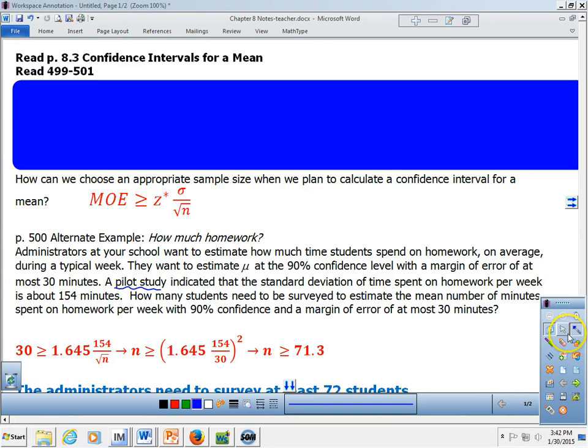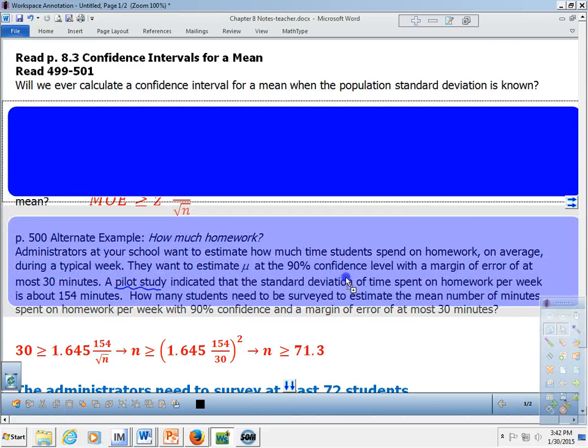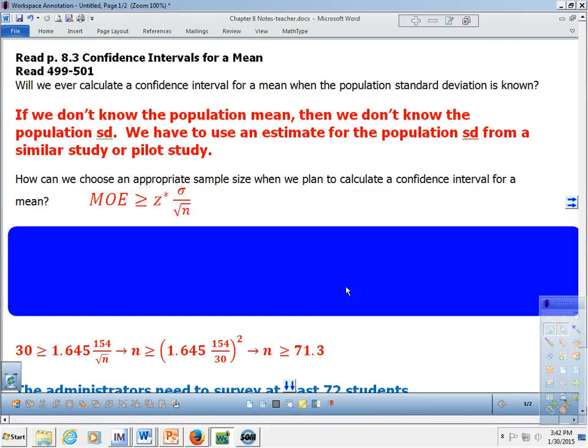So we have a couple of options here as far as that goes. Will we ever calculate a confidence interval for a mean when the population standard deviation is known? And the answer to that question is no. No, probably not. Again, for the reason I just stated.